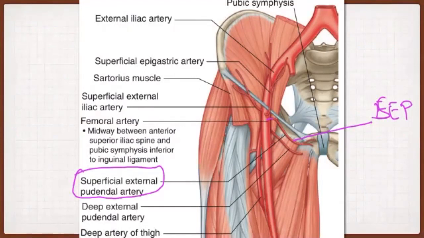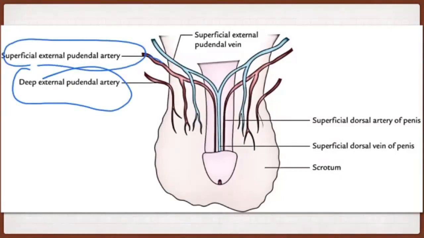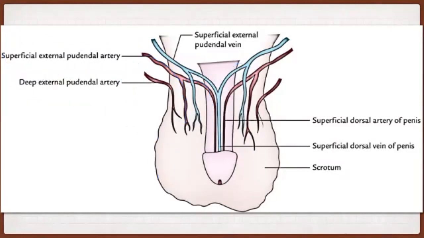So this one is superficial, and the blue one is deep. So this is deep, this is superficial. Superficial gives branches to the penis and scrotum, deep also gives branches to the scrotum. In the same fashion, they supply the labia, right?